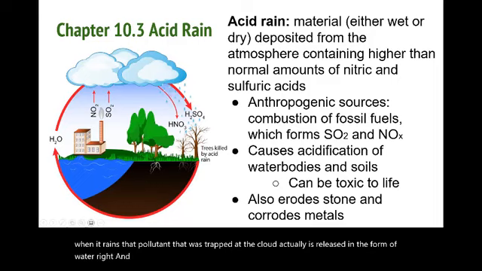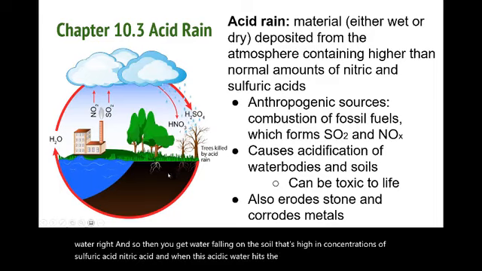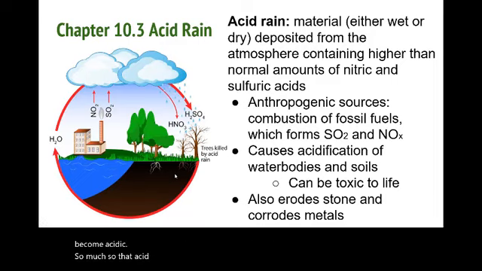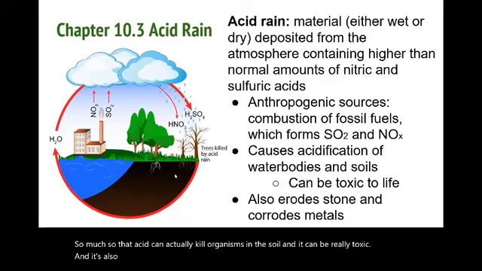And so then you get water falling on the soil that's high in concentrations of sulfuric acid and nitric acid, and when this acidic water hits the soil, it causes the soil to become acidic. So much so that that acid can actually kill organisms in the soil, and it can be really toxic. It's also referred to as acidification.